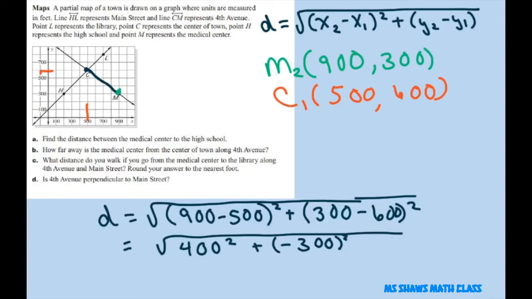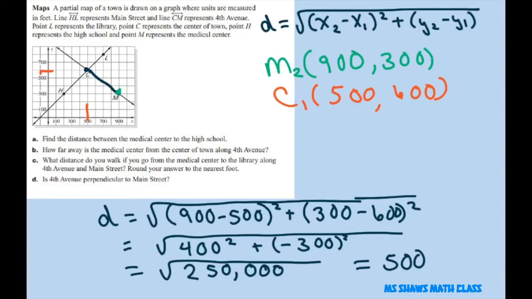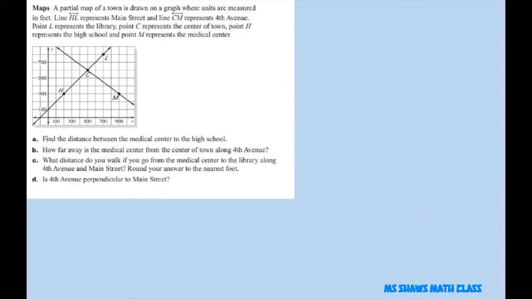Now, when you square all that out, don't forget that when you square the negative, it's going to turn positive. You get the square root of 250,000. And when you take the square root of that, you get 500, and that would be in feet. So the answer is 500 feet for that. So I'm going to put that there. It's 500 feet.